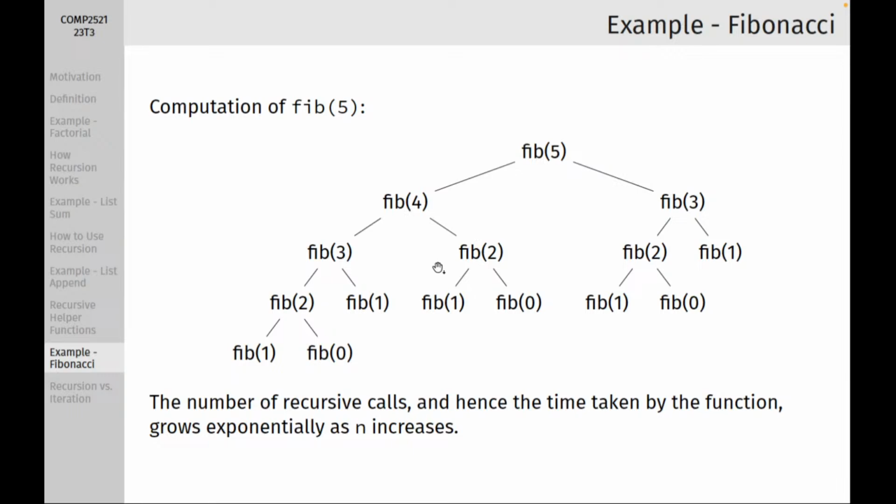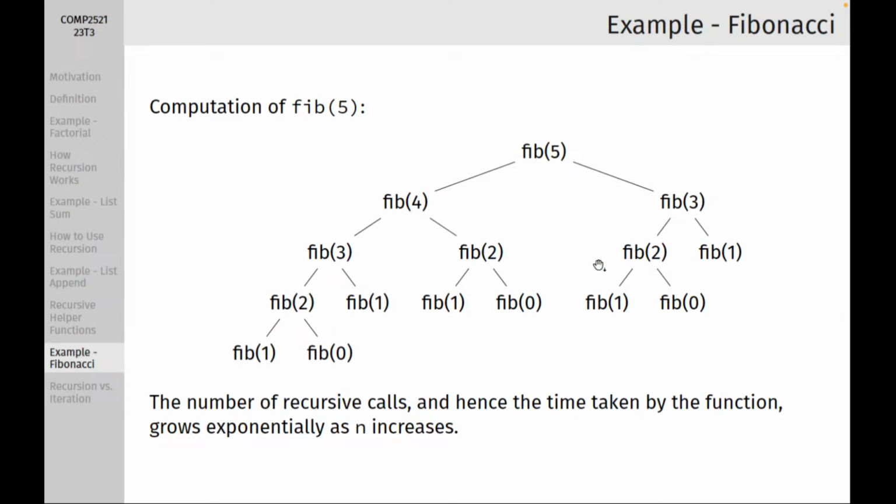The problem with this implementation is that if you look at the tree, you'll see a lot of repetitions in the function calls that are made. Fib 3, for example, is called twice, and fib 2 is called 3 times.